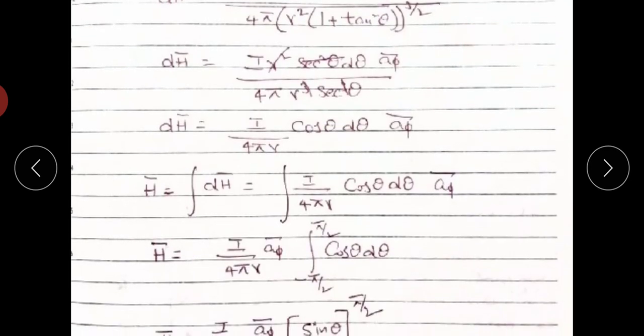So next, by integrating this expression, H bar equals to integral dH bar, equals to integral I by 4 pi R into cos theta into d theta into A pi bar. Here limits, lower limit minus pi by 2, upper limit plus pi by 2. So H bar equals to, by taking constant terms outside, I by 4 pi R into A pi bar integral from minus pi by 2 to plus pi by 2 of cos theta into d theta. Integral cos theta equals to sin theta, limits minus pi by 2 to plus pi by 2.